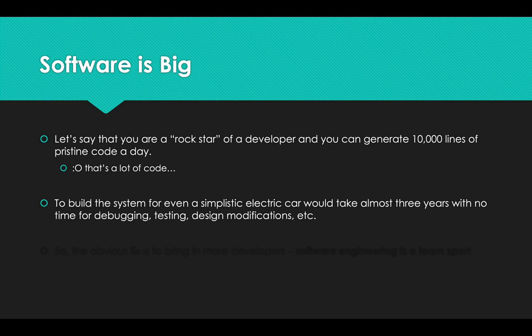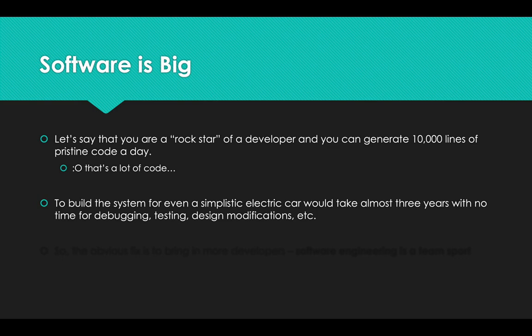So even if you're trying to generate this fairly simple case that we saw in the last slide, an electric car controller, that would take you almost 3 years wall-to-wall just coding. It has nothing to do with debugging, testing, designing the actual code, solving the problem with pseudocode, none of that.